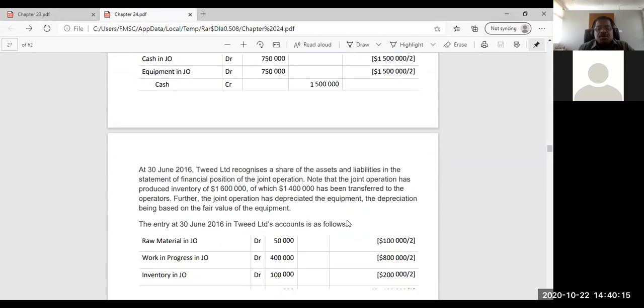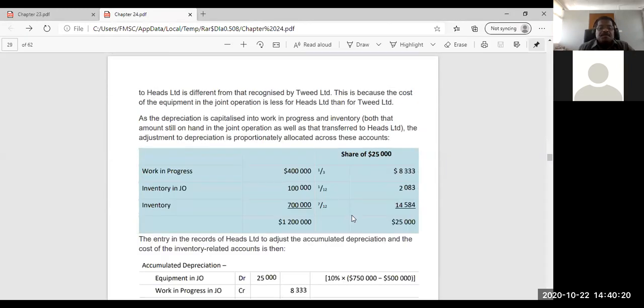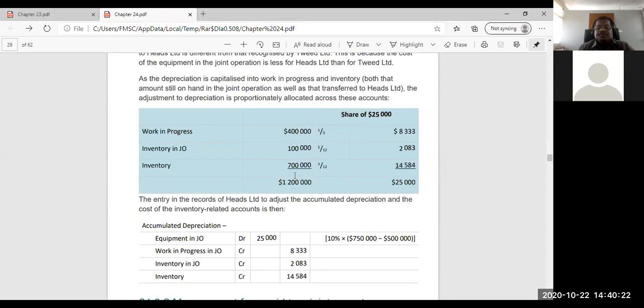So what you have to do is make the adjustment in the inventory, that is, work in progress in the joint operation.